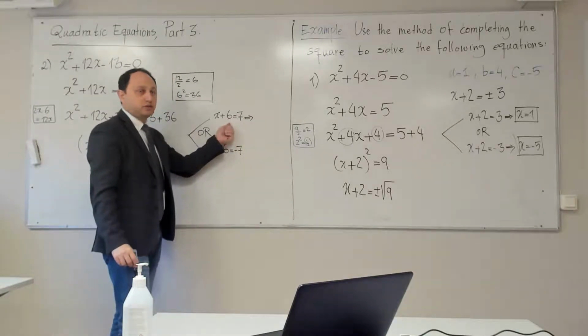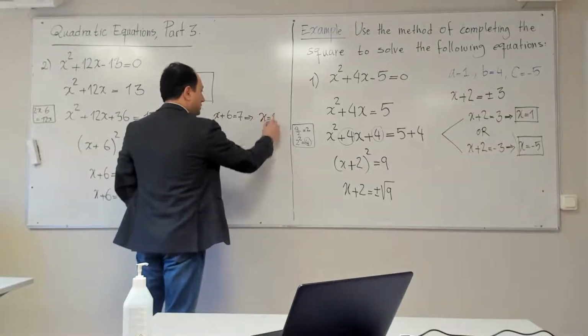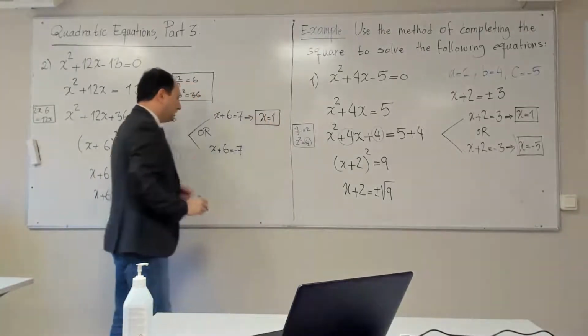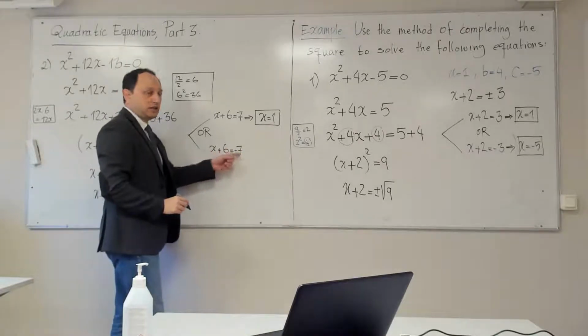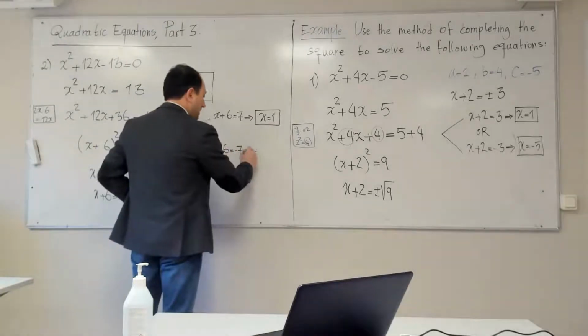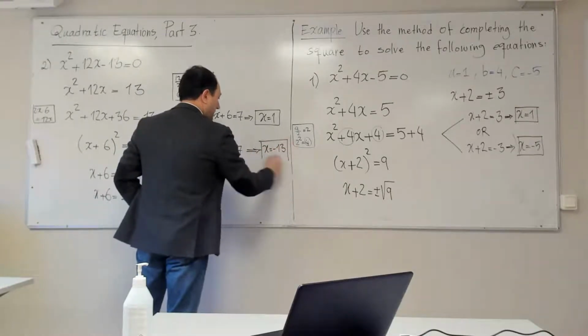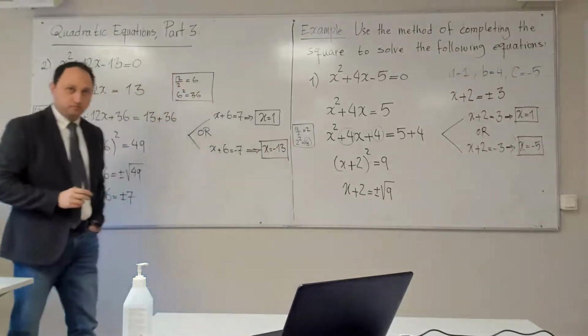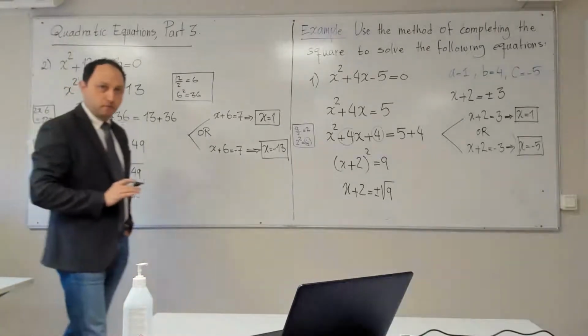It becomes 7 minus 6, which is just 1. So this becomes x equal to 1. And then here, I move 6 to the left. It becomes negative 6, negative 7, which is negative 13. So these are the answers that we get. So this is the trick.